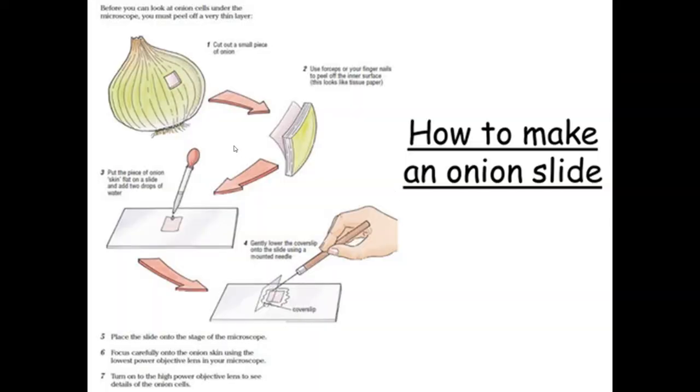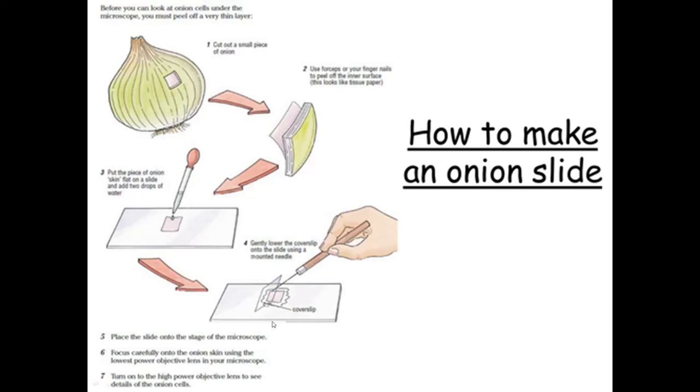Dear students, you can observe these important components easily by preparing a slide. So let us learn how to prepare a slide using an onion peel. You can observe cell membrane, cell wall, cytoplasm and nucleus easily by preparing your own onion slide using some materials like this.